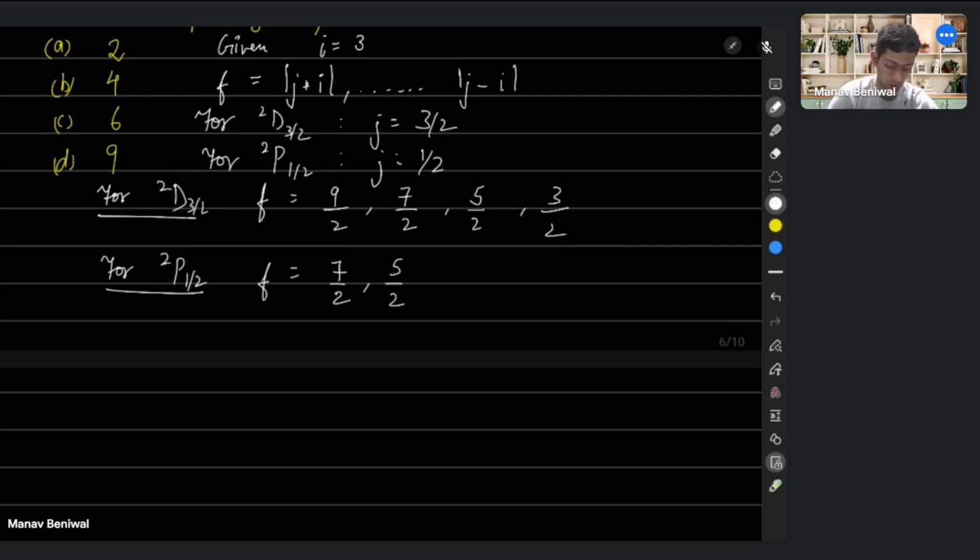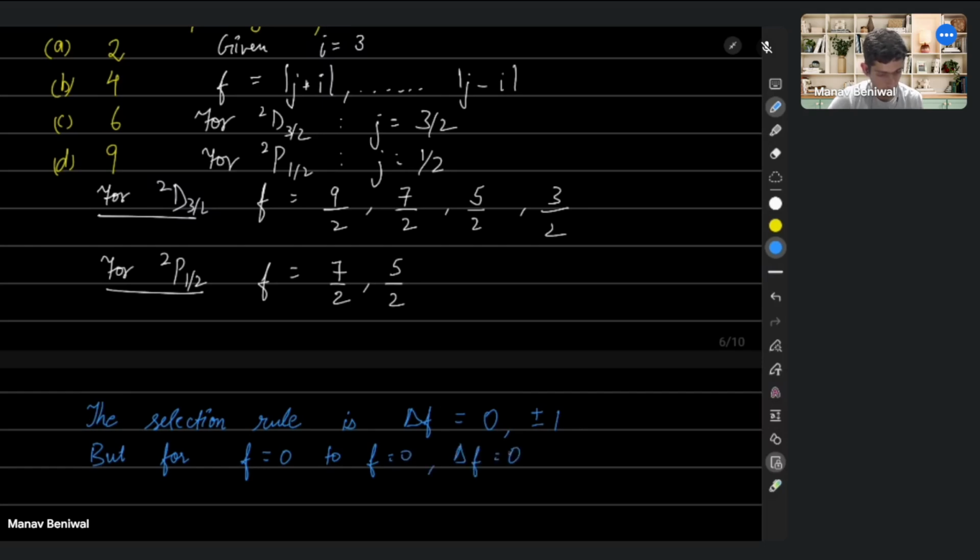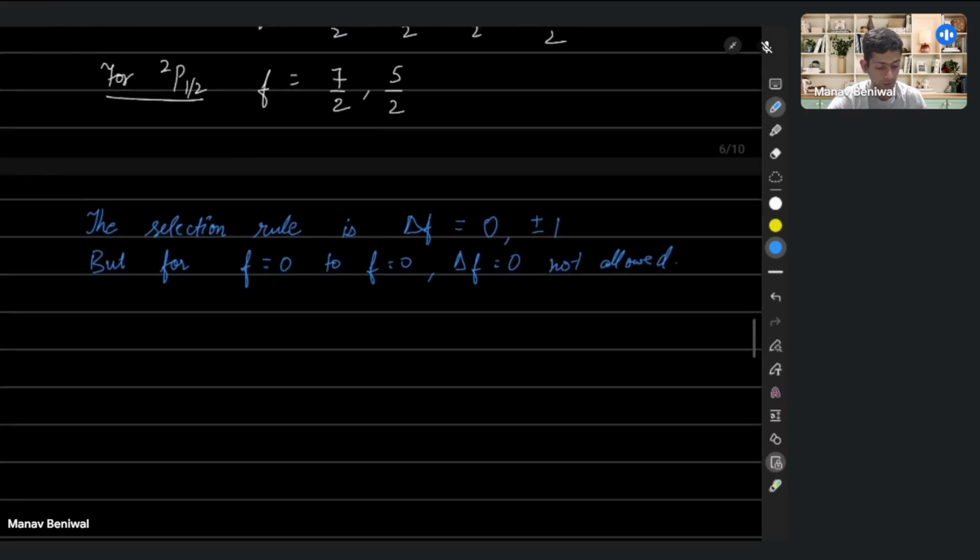So only two possible values of F. Now, what is the selection rule? Okay, so this is the selection rule.